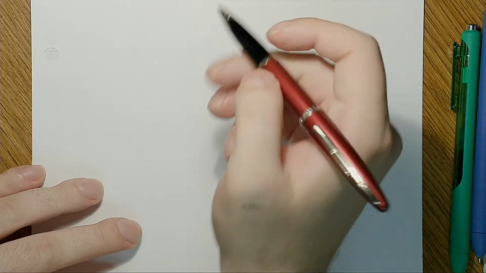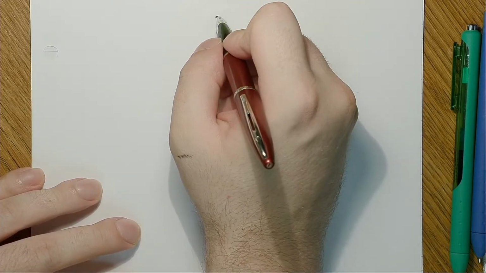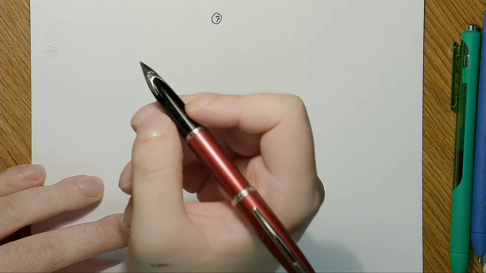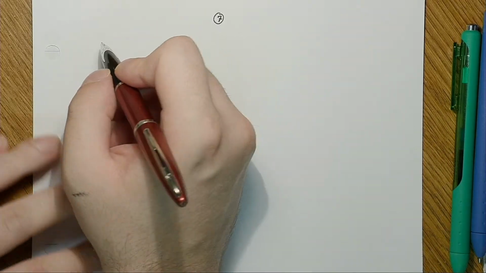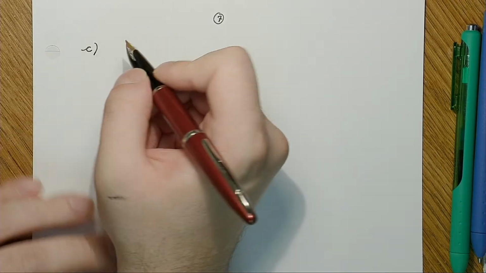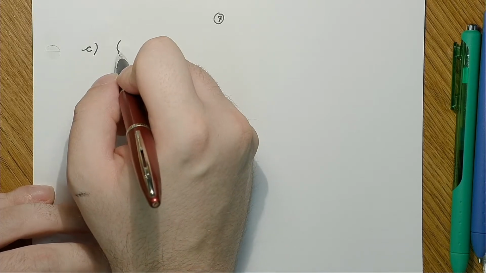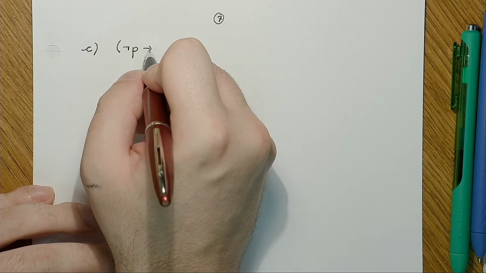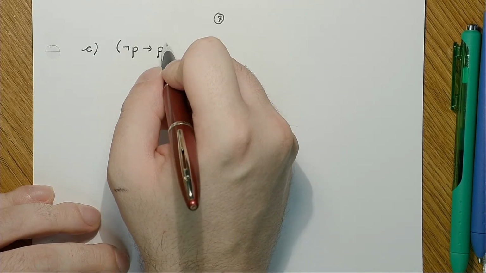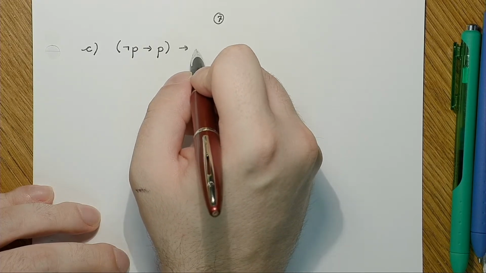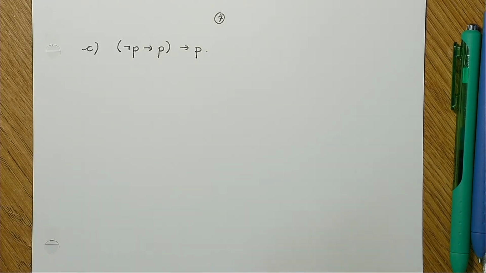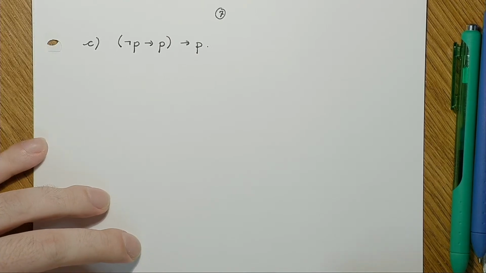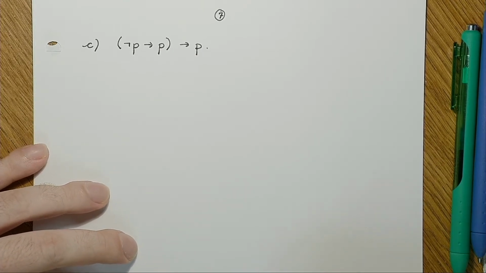So the last one in that exercise, here's page 7. What I have here is not P implies P implies P. Again, I have to show that this is a tautology.